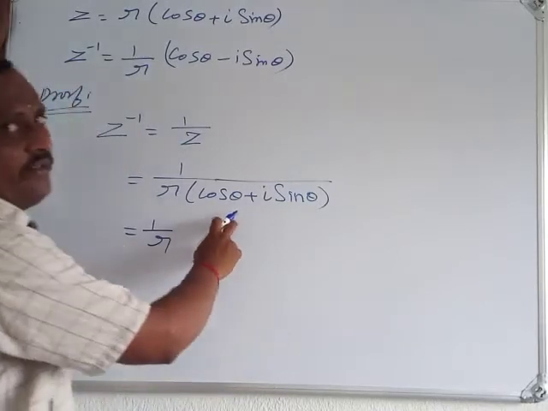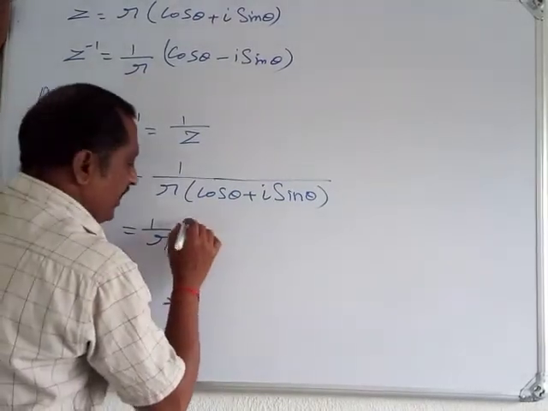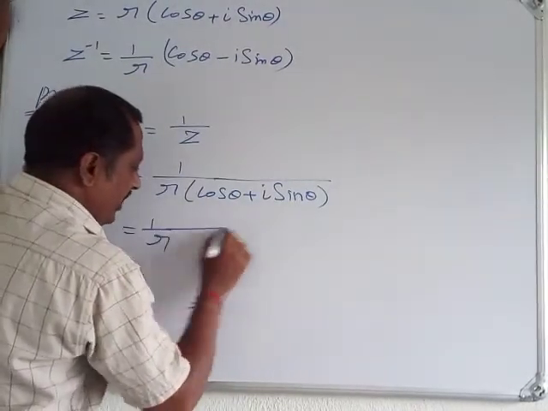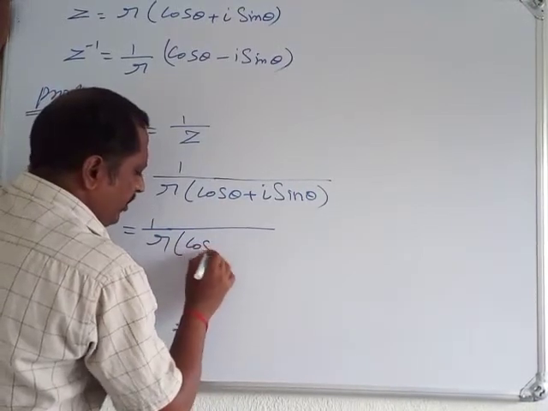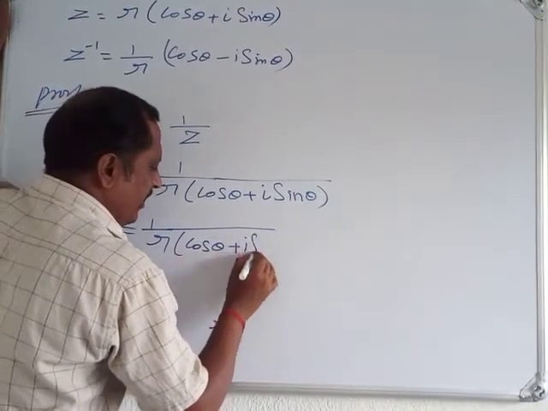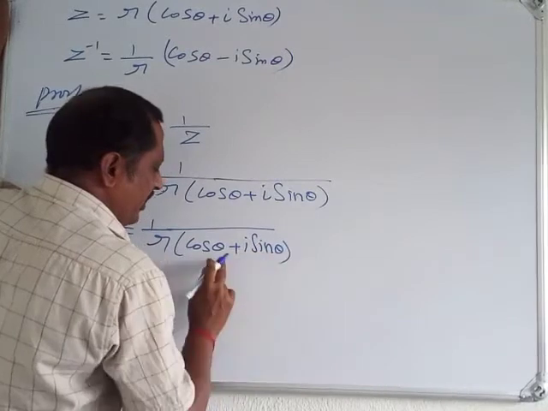It is rectangular form. Now we have to multiply numerator and denominator by the conjugate of this part.